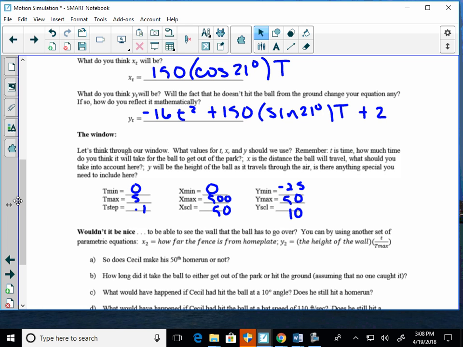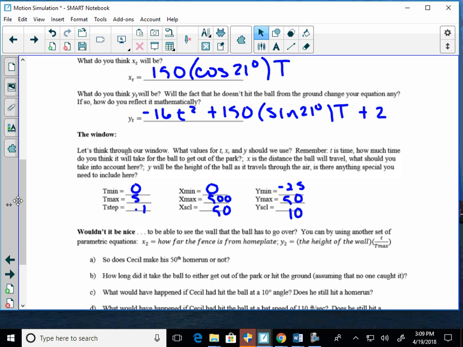Okay, and then we're going to graph it. We're ready to graph? It's 15 times a zero in front of the sign.